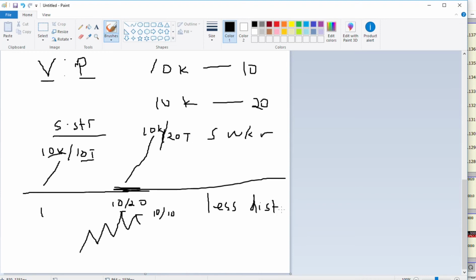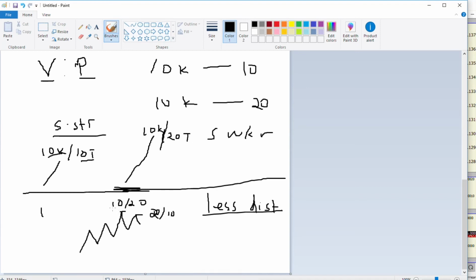Right? Now imagine, let's take an even more extreme example. You have 10,000 in this wave that moves 20 ticks. Here, you have 20,000 that moves only 10 ticks. You see? For sure supply has come in. Why?